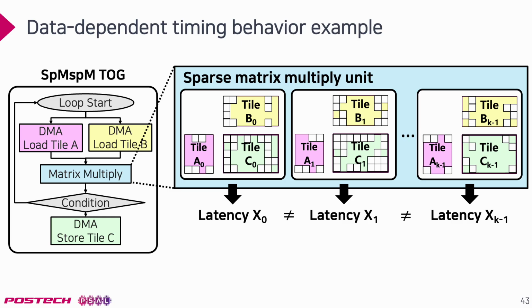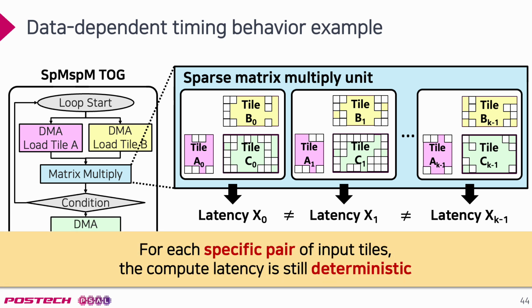However, one critical observation here is that for a specific pair of input tiles, the latency is still deterministic. So for example, for tile A0 and tile B0, the latency will be x0. And although this latency x0 is different from latency for other pair of input tiles, that latency is deterministic when you are using the tile A0 and tile B0.